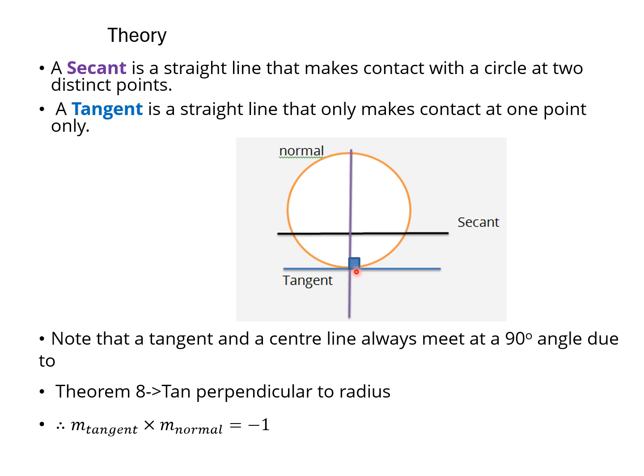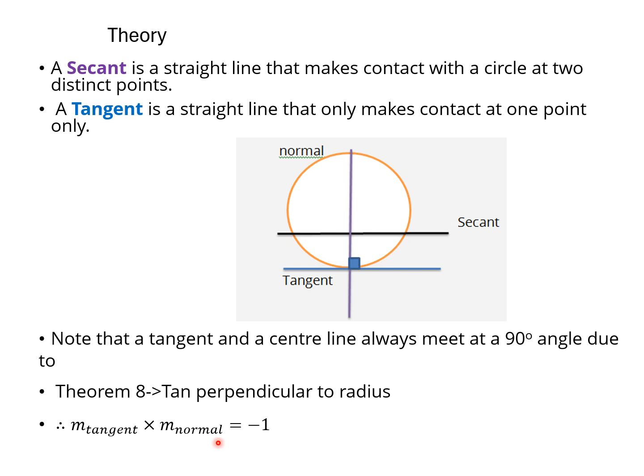Now, a tangent and a radius always meet at 90-degree angles due to theorem 8, which says my tangent must be perpendicular to the radius. So if I have a radius and it makes contact with a tangent, they always make contact at 90 degrees, and therefore we should know that the gradient of a tangent times the gradient of the radius must equal -1.